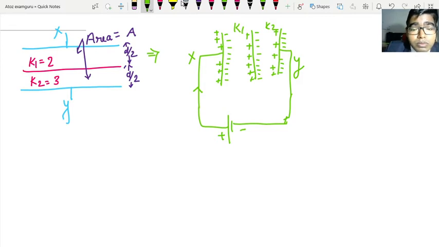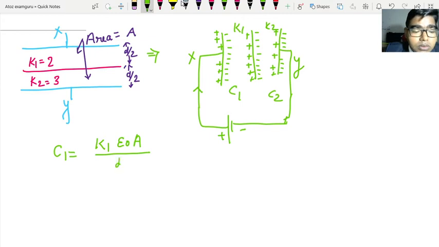So for this possible combination, if you assume it is C1, it is C2, then what will happen? C1 equals k1 epsilon naught A, and distance between the plates d by 2, right?